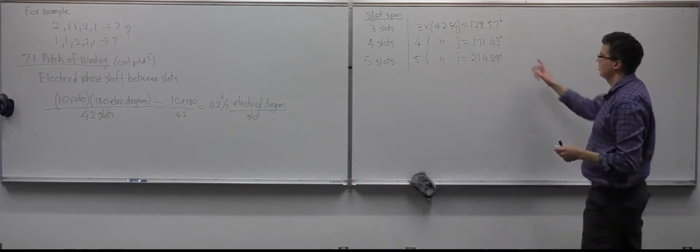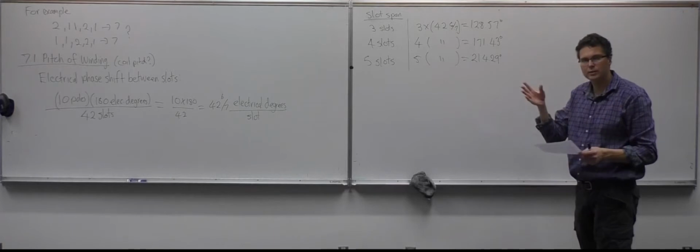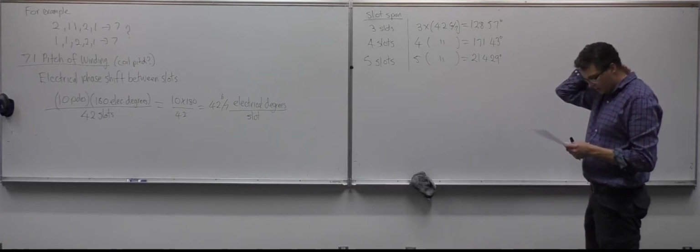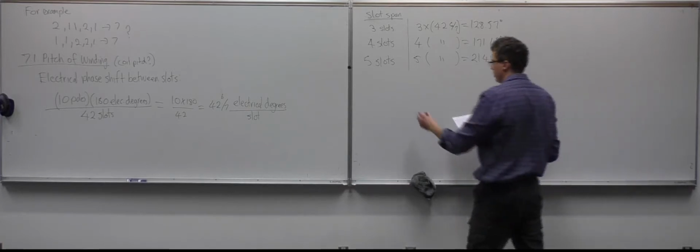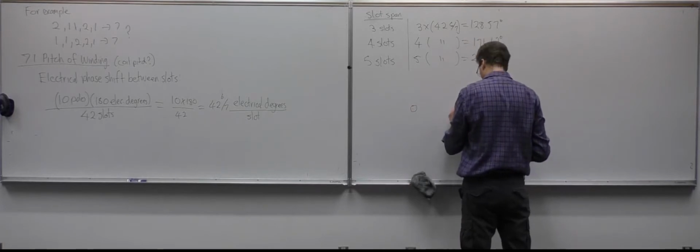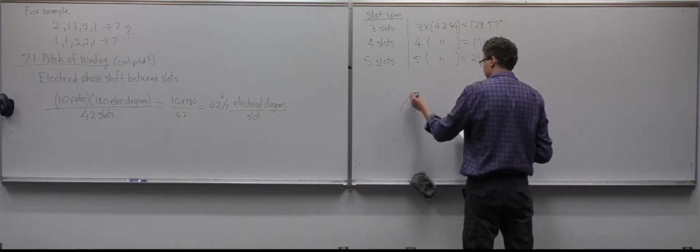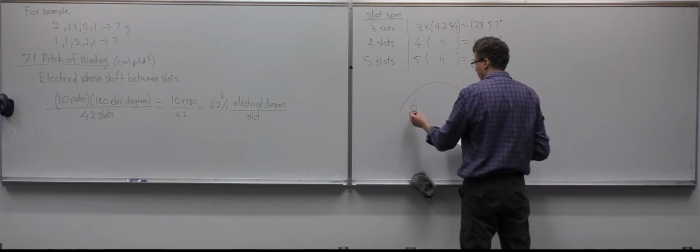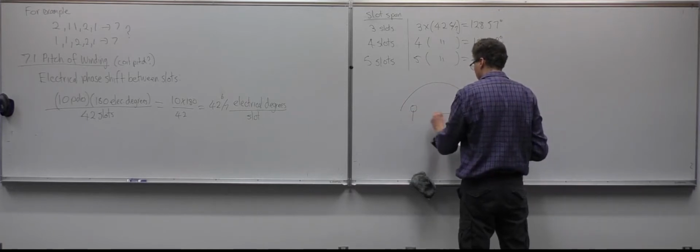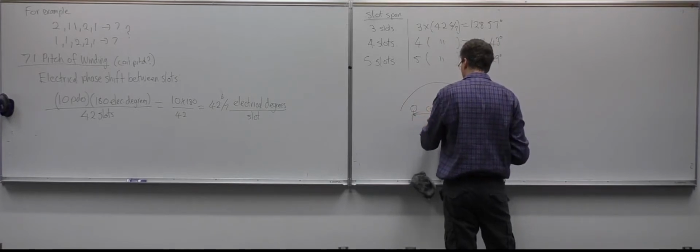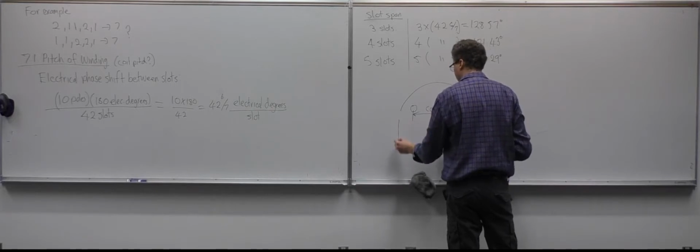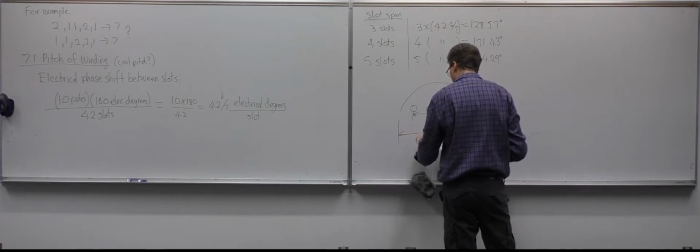So the question is, which one is closest to 180? Because we'd like 180 degrees. That would be ideal, as it would mean the pole pitch was equal to the coil pitch. Remember, this would be the coil pitch, that's the W we talked about before, and this is the pole pitch, that's 180.